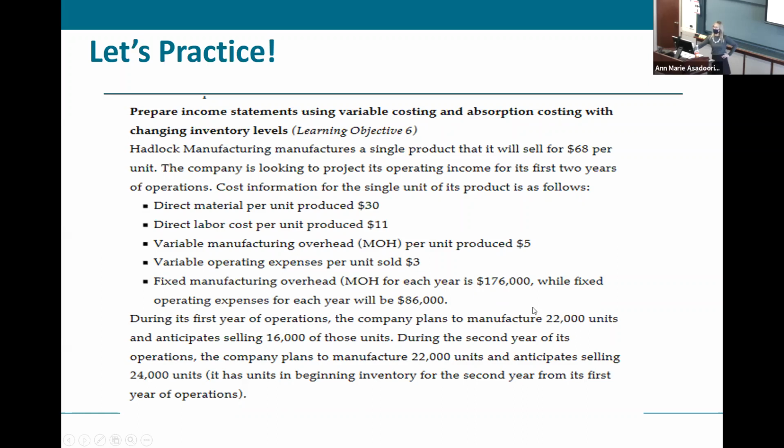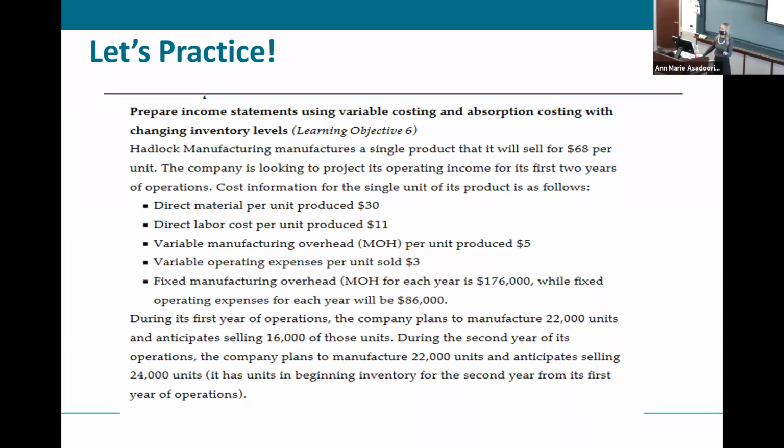So I'm looking at all the units I made and I'm spreading that fixed cost out over all of the units that I produced. So some of this $176,000 is going to be in the 16,000 units that were sold and heading over to the income statement. But the portion that is tied to those 6,000 units that weren't sold, we call that deferring, right?